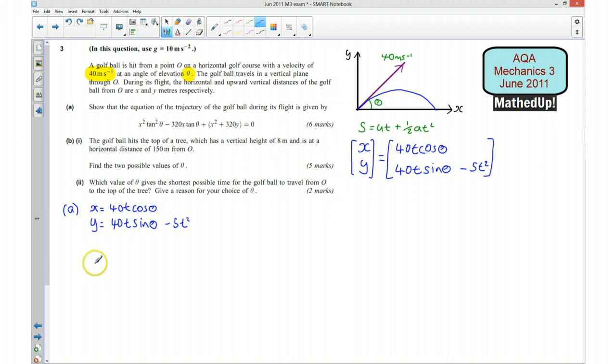Rearranging this to get it in terms of t, I will have t is equal to x over 40 cos theta. I'm now going to sub this into this here. So that's going to tell me that y is equal to 40 times x sine theta over 40 cos theta.